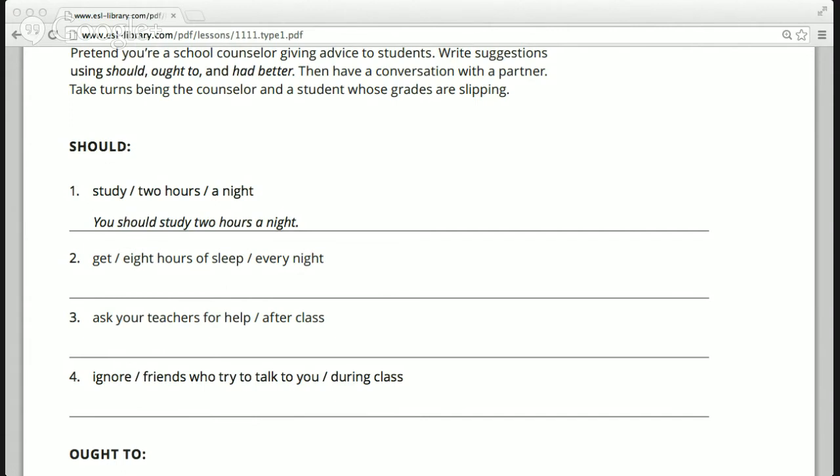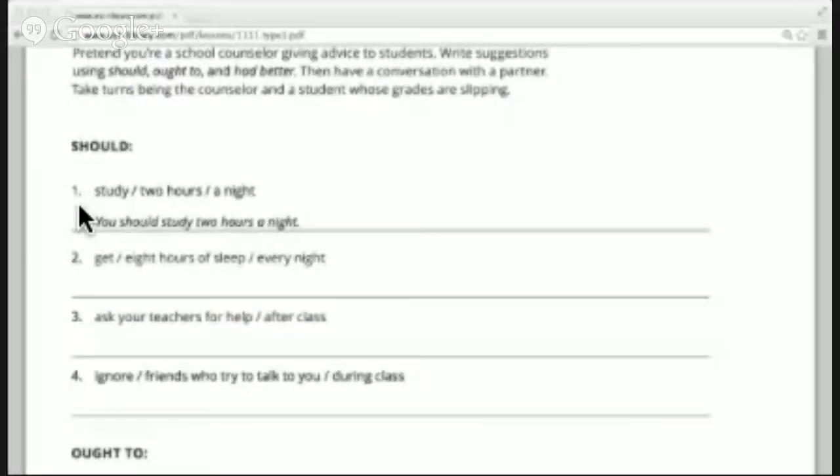Now, we don't need "during the class." We just need to say "during class." Try that. You should ignore your friends who try to talk to you during class. There you go. Good. Nice job. Okay, let's go to "ought to."